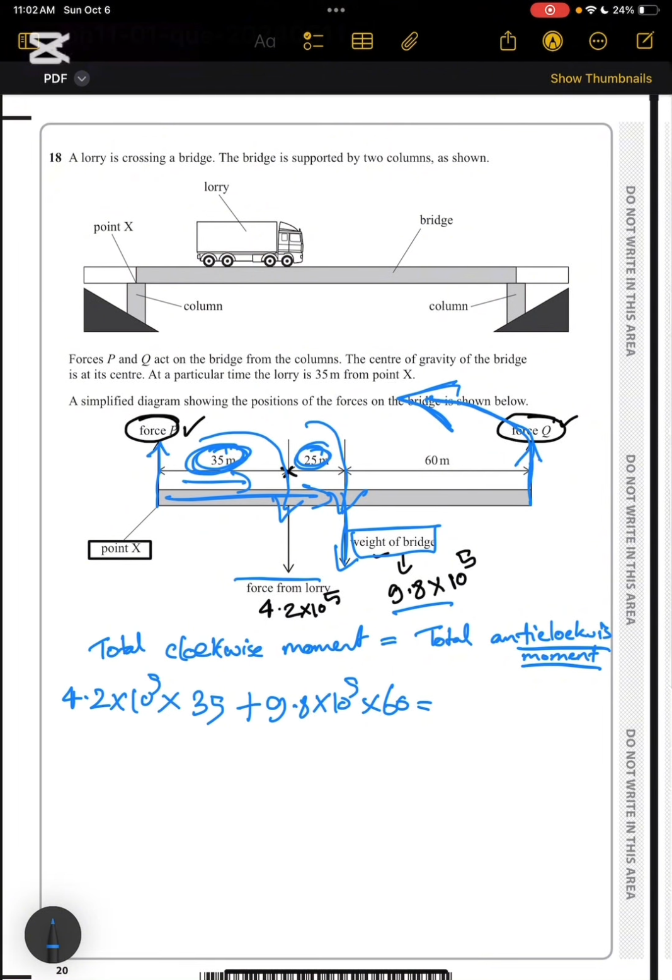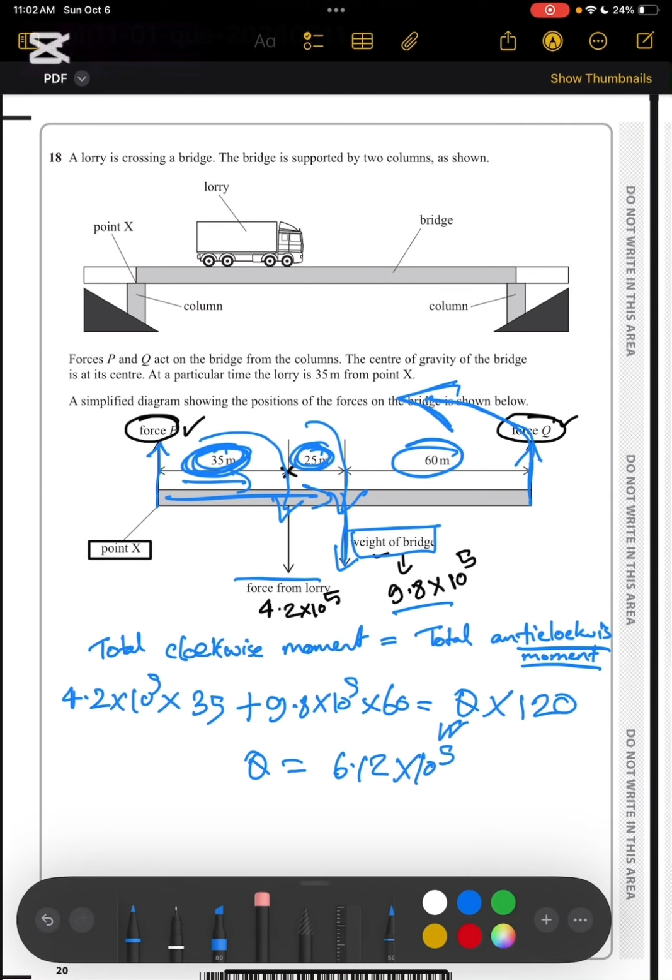So the force is Q, into the distance, this 60 meter plus this 60 meter, which is 120. So we can use this formula to find out the Q. So the Q will be equal to 6.12 into 10 to the power 5. I'm not doing all the workings because you guys know how to do those workings, because now you guys are in AS physics. So we have done finding the Q.